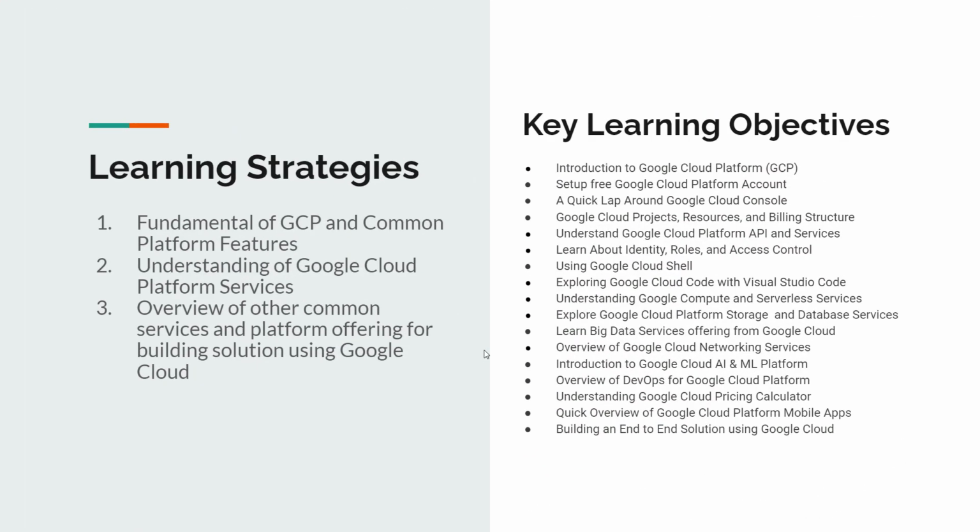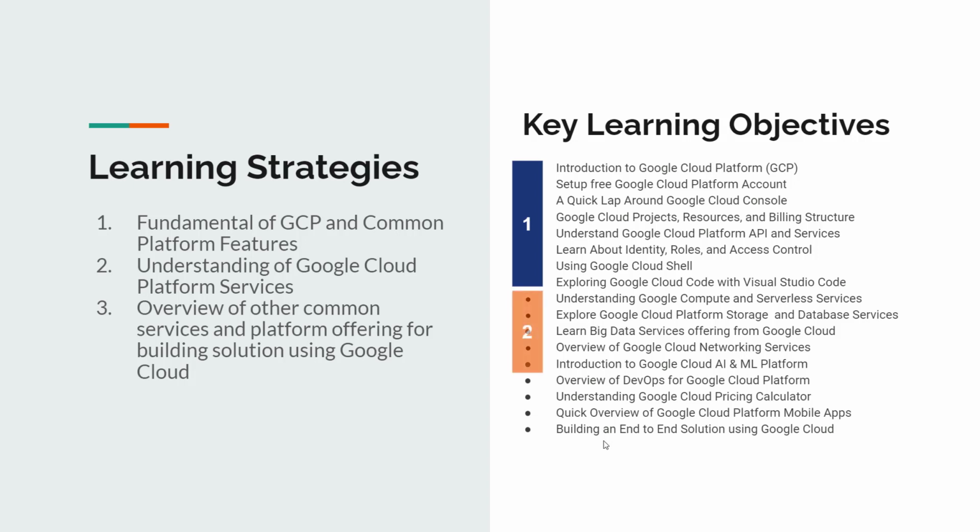So if I put these learning strategies and the key learning objectives next to each other, the first section we talked about will clear our fundamentals of Google Cloud Platform and the platform features. So the first couple of sections, starting from Cloud Platform fundamentals and using your Google Cloud Code and Visual Studio Code, will clear those areas, because this part is going to be very common across all the services that we are going to use and learn.